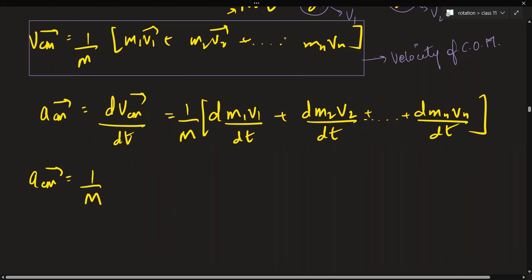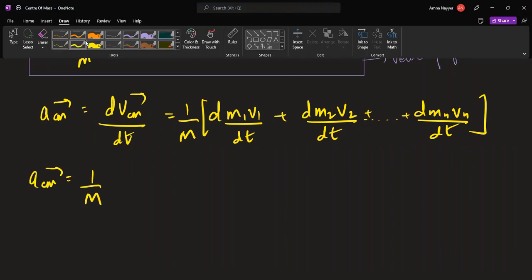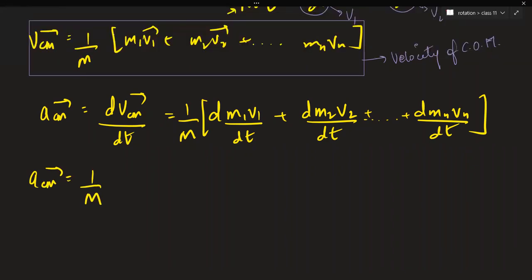So again, 1 by m you can take common. From here again, dv1 over dt. It's better if we take mass out, because mass is a constant term. So mass out, then differentiating this.